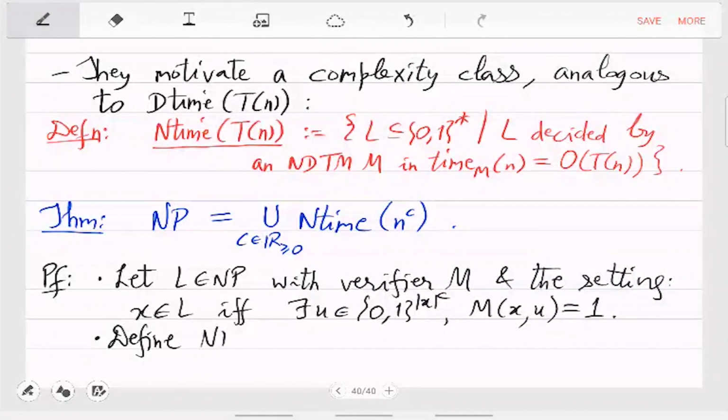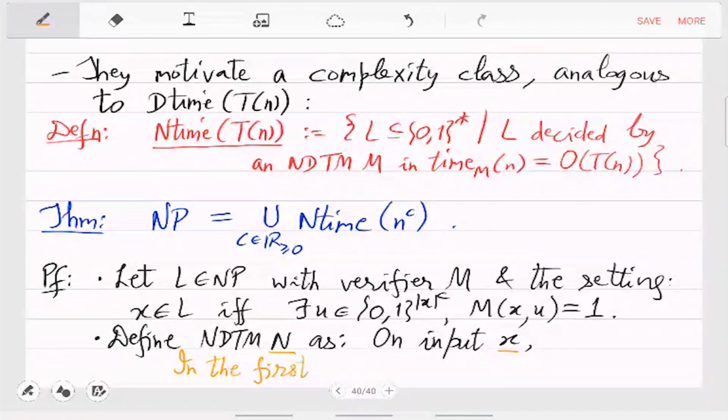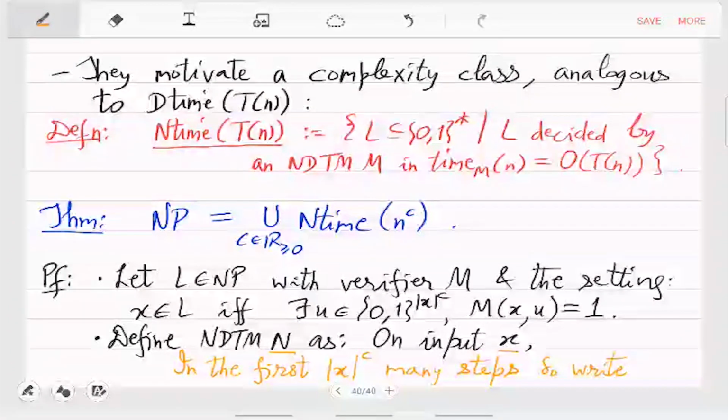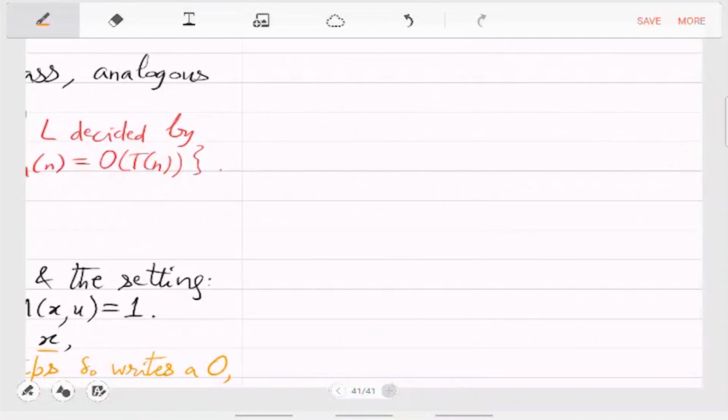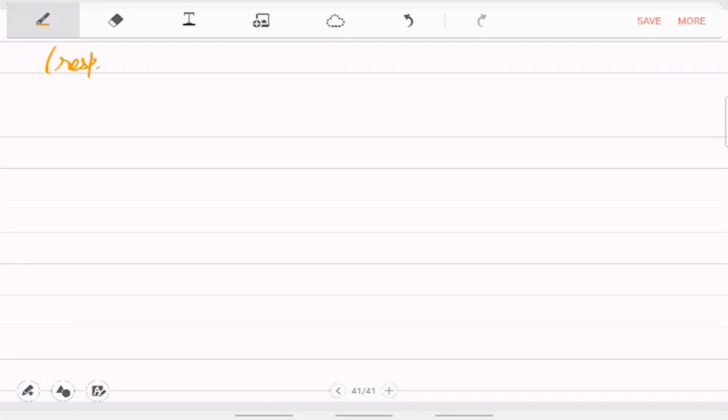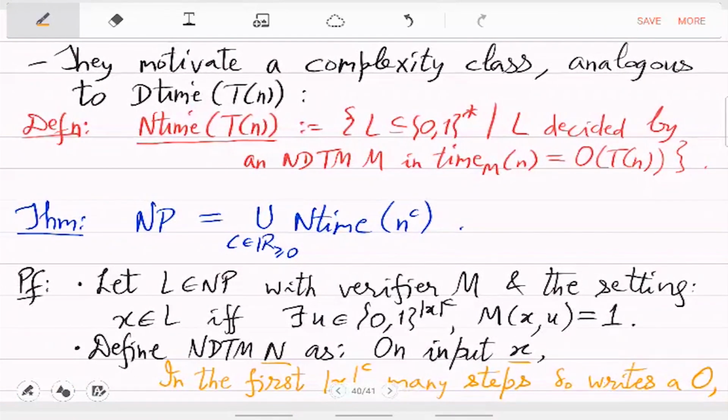So define NDTM N as follows on input X. In the first x to the c many transitions or steps, delta 0 writes a 0, and respectively delta 1 writes a 1 on the work tape.